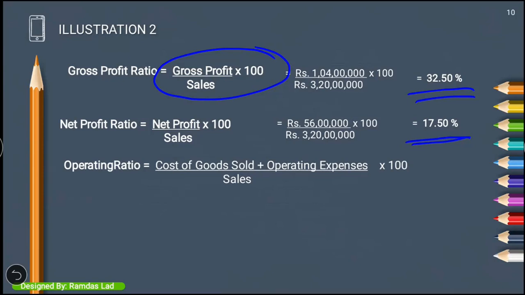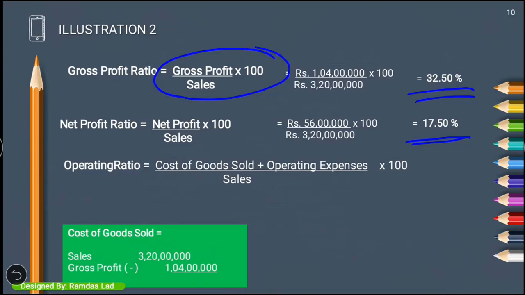Now the operating ratio: cost of goods sold plus operating expenses divided by sales into 100. So by using this formula, we can calculate the operating ratio. Please understand here, cost of goods sold is equal to sales minus gross profit, so we get cost of goods sold 2 crore 16 lakh.